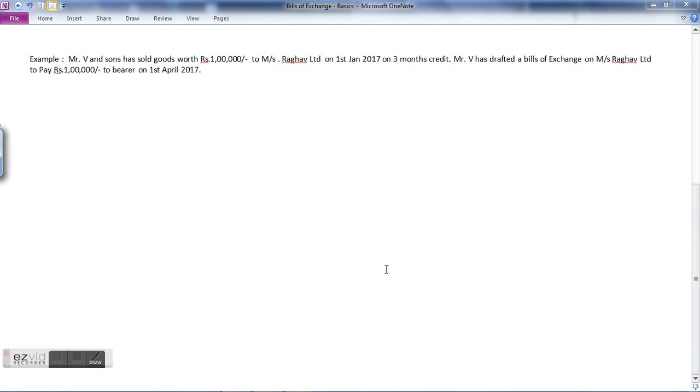This is the example. Mr. V and Sons has sold goods worth rupees 1 lakh to Messrs. Raghav Limited on 1st Jan 2017 on 3 months credit. Mr. V has drafted a bill of exchange on Messrs. Raghav Limited to pay rupees 1 lakh to the bearer on 1st April 2017. So what transactions have taken place?